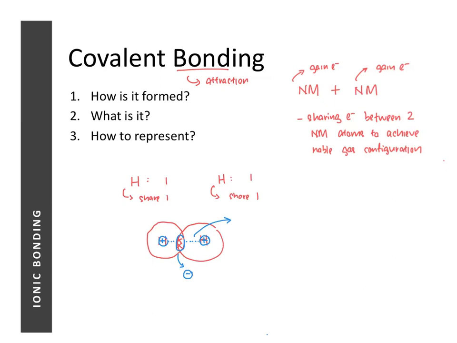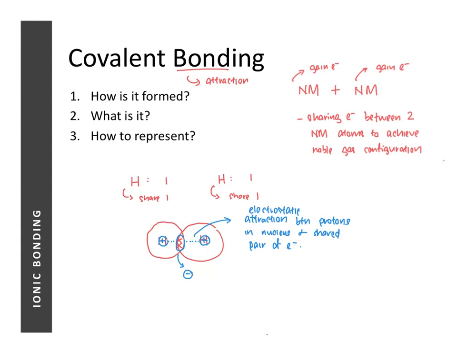This attraction is again between plus and minus, so we call it electrostatic attraction, between protons in the nucleus and the shared pair of electrons. So once again, a covalent bond is the electrostatic attraction between the protons in the nucleus and the shared pair of electrons.